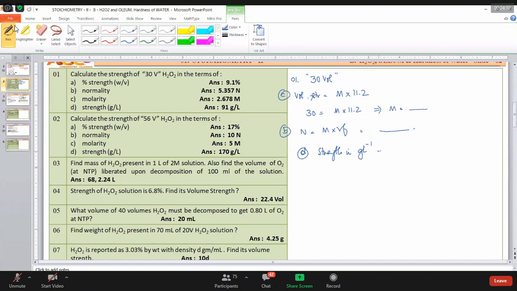How do you proceed? Very simple, sir. This is to be done: molarity into molecular weight. Just now we have learned molarity into molecular weight. What is this molarity? You have calculated, sir. This is 30 by 11.2. What is molecular weight? 34.